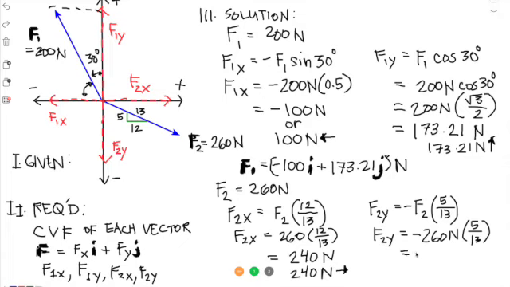That's equal to negative 100 newtons, or 100 newtons going down for f2y. So the answer for this one, let me shift the page, is 240 and 100.